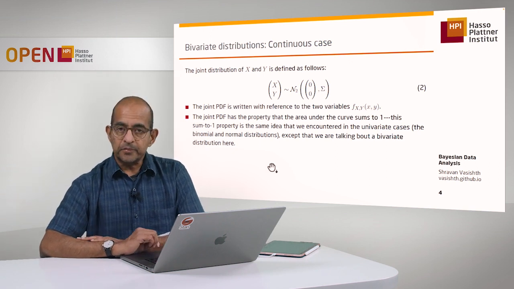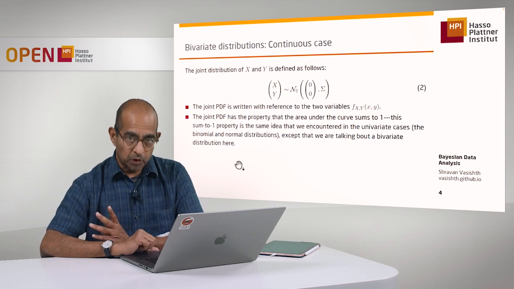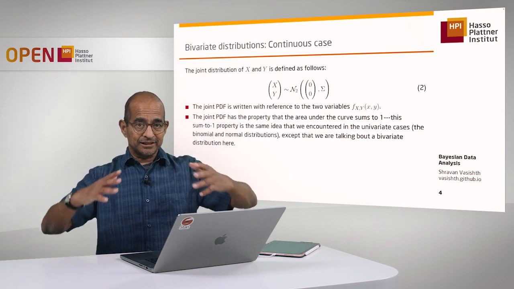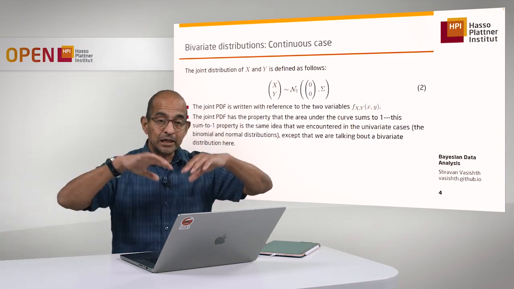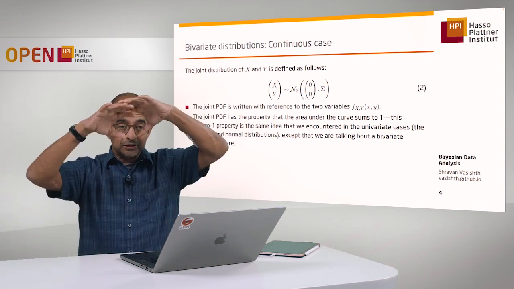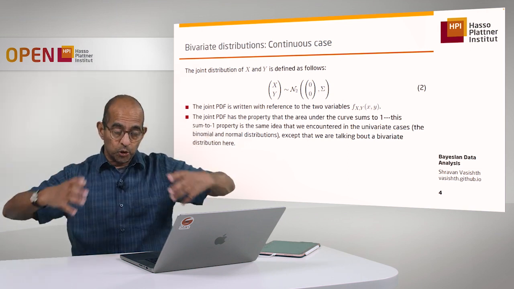So one important property of this joint probability density function has to be, right, for it to be a proper probability density function, it has to be that the area under the curve has to sum to 1. Right? Now this joint probability density function is going to be a kind of cone.